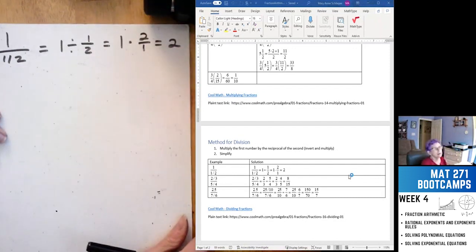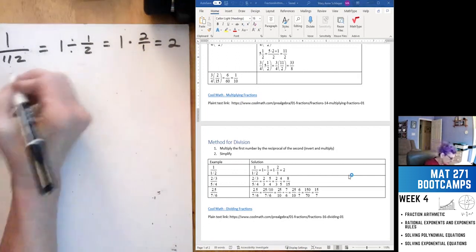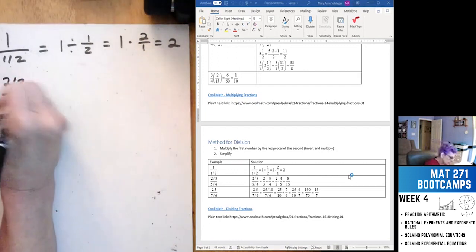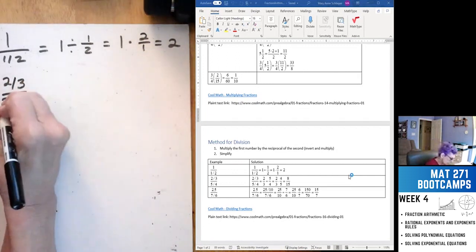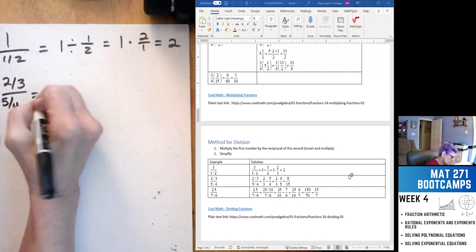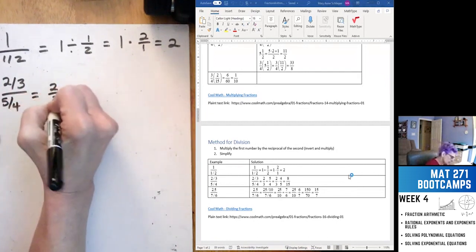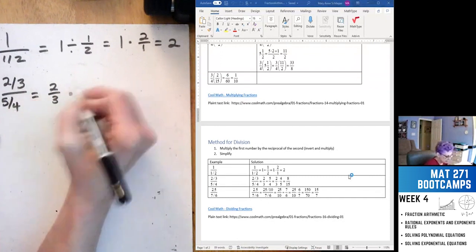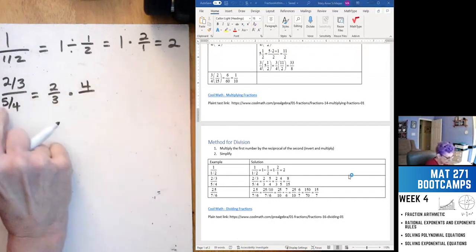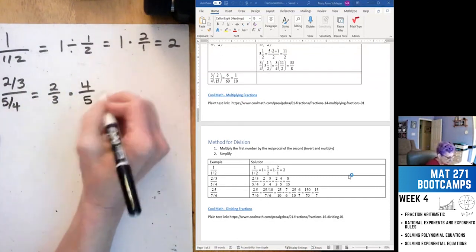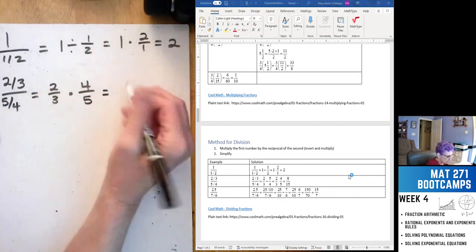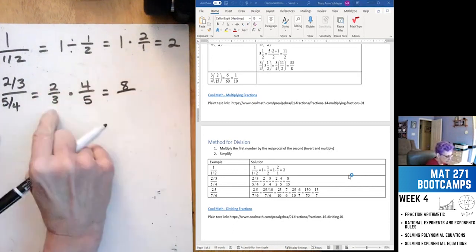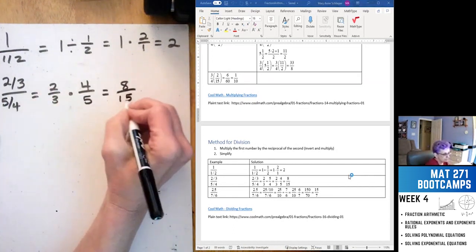So 1 divided by a half is 2. 2/3 over 5/4 is 2/3 times 4 comes up top, 5 goes down below, multiply across the top, multiply across the bottom.